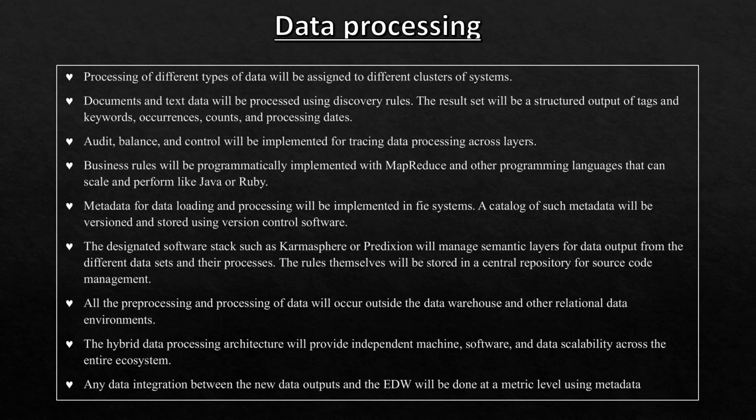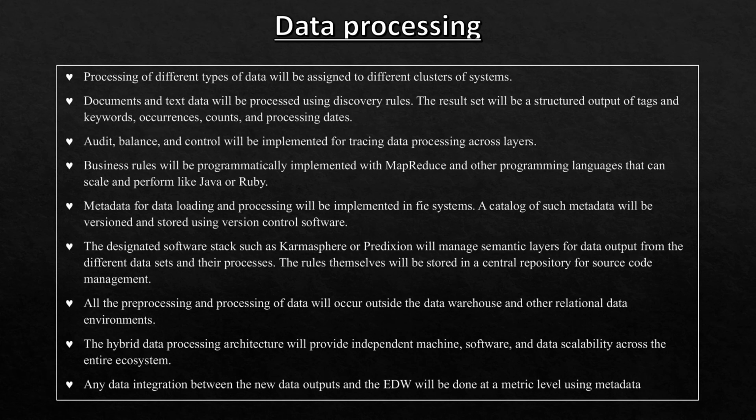Okay, all these languages. Number 5, metadata for data loading and processing will be implemented in the file system. A catalog of such metadata will be versioned and stored using version control software. And number 6, the designated software stack such as Karmasphere or Prediction will manage semantic layers for data output from the different datasets and their processes.